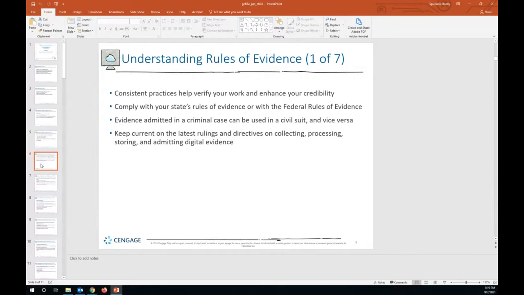Also keep in mind that any evidence that's admitted in criminal cases can be used in a civil suit, and also vice versa. It is important to keep current on the latest rulings and directives on collecting, processing, storing, and admitting digital evidence.